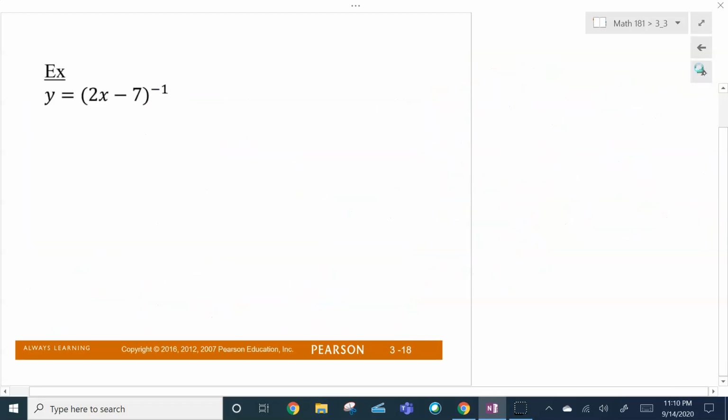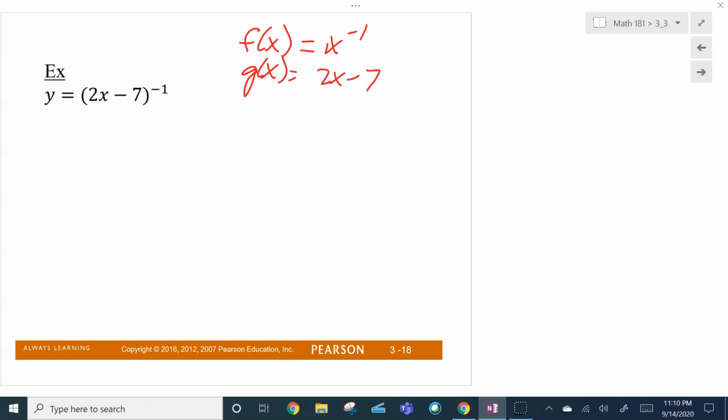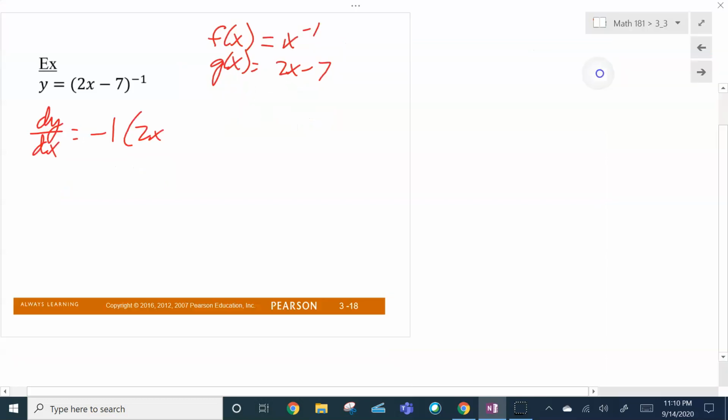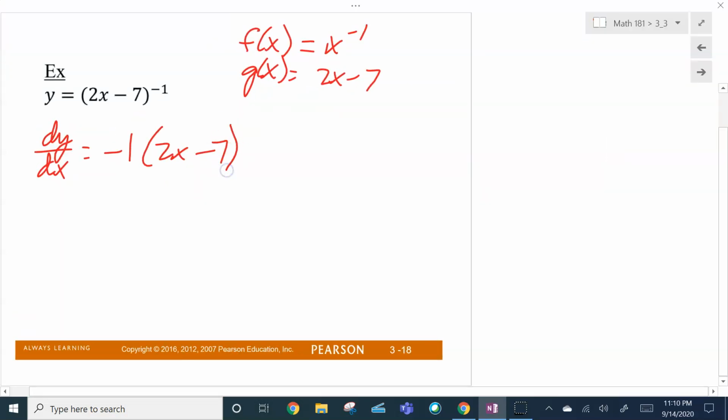Okay, let's do another one here. Again, this is a composite function. f of x is x to the negative 1, and g of x in this case is 2x minus 7. That's going in there. So the derivative, dy dx, I run my power rule, so negative 1 goes there. This stays, 2x minus 7, and then it's negative 1 minus 1, so negative 2. So what we did is we took f prime of g of x.